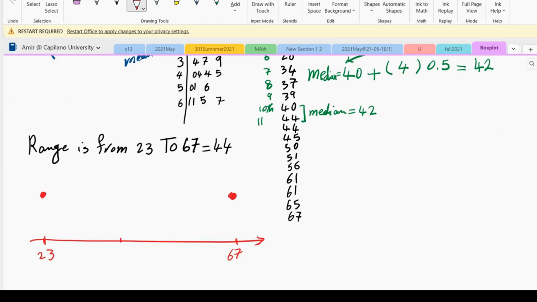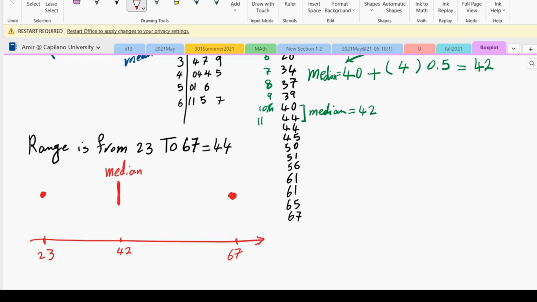We identify wherever the 42 is, and then we draw a line, and that line is the representation of our central tendency or median. Even right now you have a visual understanding of what's going on. Half of our observations are less than 42, half of them are more than 42, and we know that the range of the data is from 23 to 67.